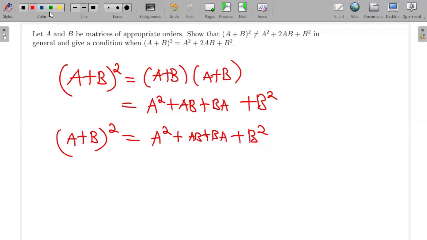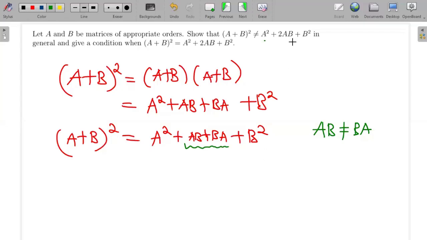When you look at the two terms in the middle, there is AB and BA. And from the properties, we say these cannot be equal if B and A are different matrices. They can only be equal if they're one and the same matrix. So in general, when A and B are not equal, then (A plus B) squared will not be equal to A squared plus 2AB plus B squared.